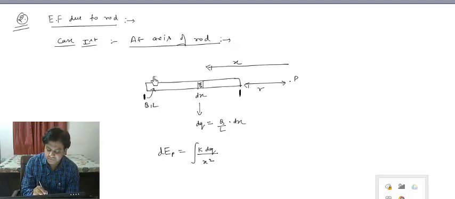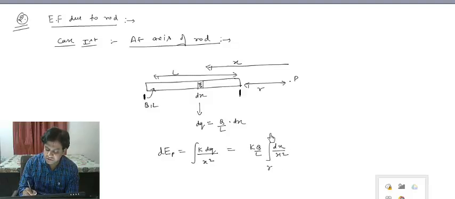This length is l. So we have to go from r to r plus l. k q by l dx upon x square, integration r to r plus l.